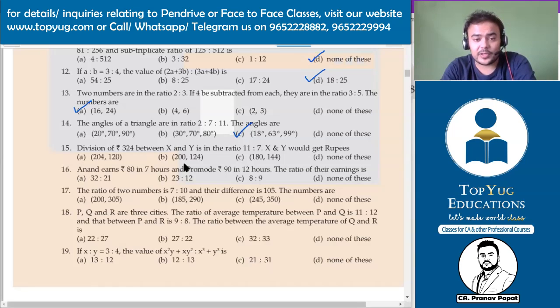Now check in the options whether the total of all the pairs of numbers is coming to 324, condition 1. If they are coming to 324, then check whether their ratio is 11:7. If it is so, then that is the right answer.